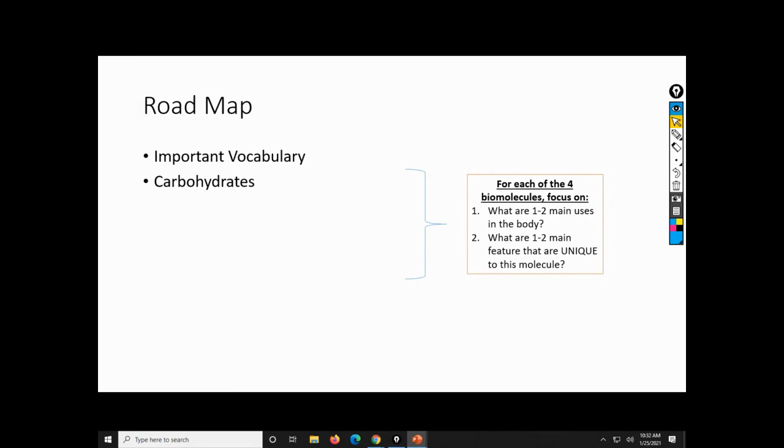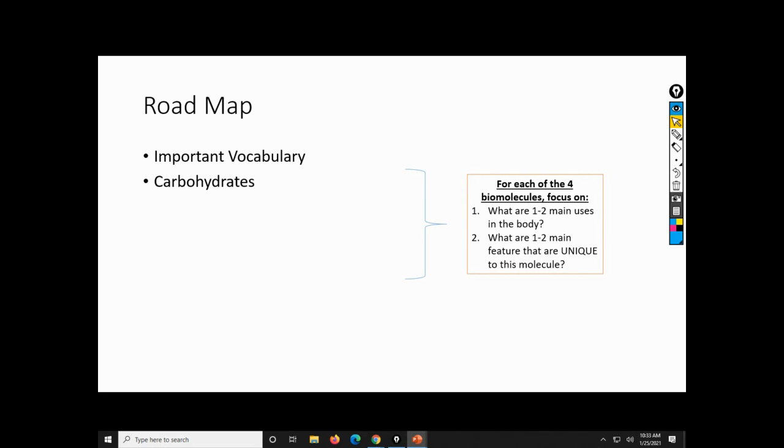What are they used for? And then, how would I recognize this biomolecule? What makes it iconic about its structure? This will be a little harder at first because we'll only have the one. But eventually we'll have several, so you'll be able to say, how would I compare them? How would I tell them apart now that I've seen a couple?